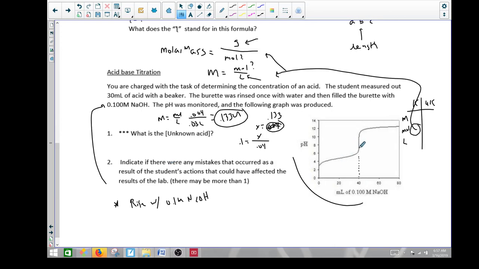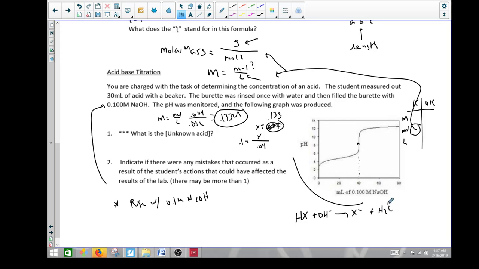At the equivalency point, I have a pH that looks, well, first of all, it's basic, which is fine. So our unknown acid, HX, is being titrated against a base to produce X negative plus H2O.